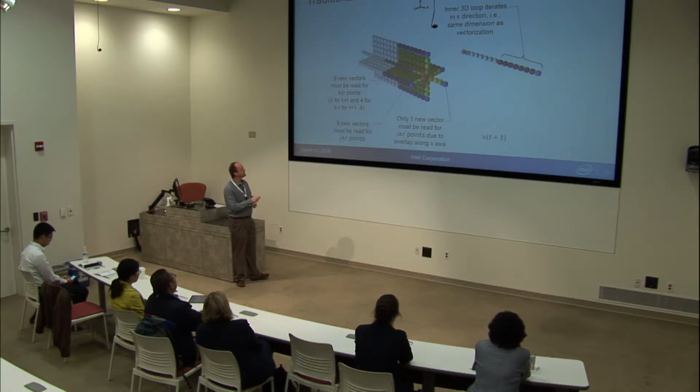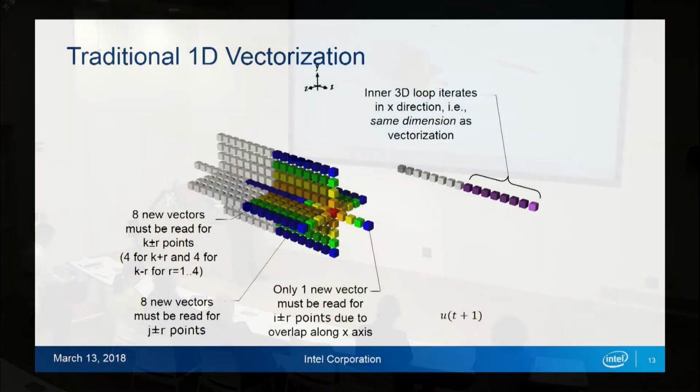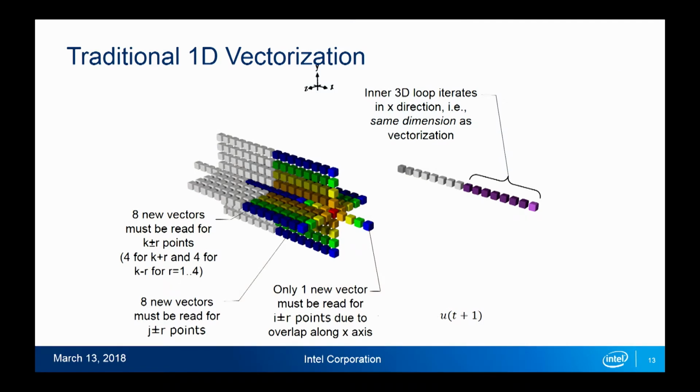As we're moving through the memory, we can see that we have to read lots of vectors for every new vector we're calculating. There's some reuse right here along this axis, but if we look along the Y and Z axes, there's basically 0 reuse.